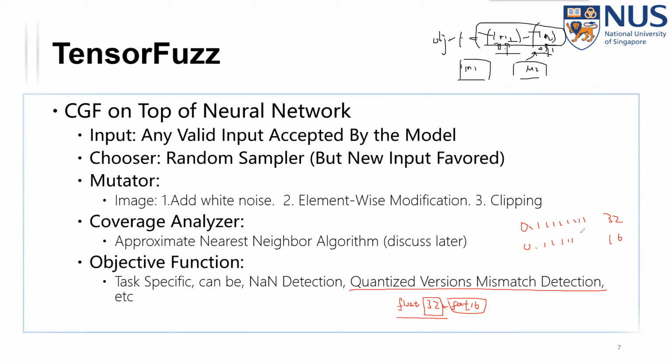And finally, we will find a discrepancy between model 1 and model 2. I'm not sure how they did it, but a typical or classical solution is to define two models, and the objective function can be defined on the discrepancy between model 1 and model 2. Yeah, that's how they do it. Okay.